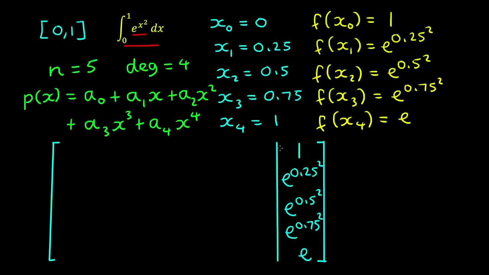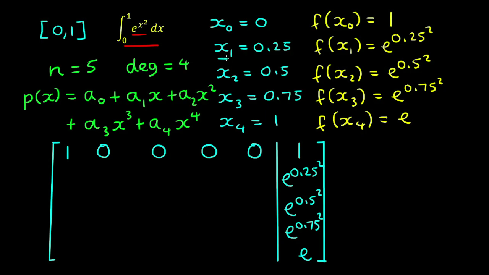And then in our first equation, we have a0 by 1, and a1 by x0, where x0 is 0, a2 by x0 squared, so 0 squared is 0, a3 by 0 cubed, and a4 by 0 to the 4.